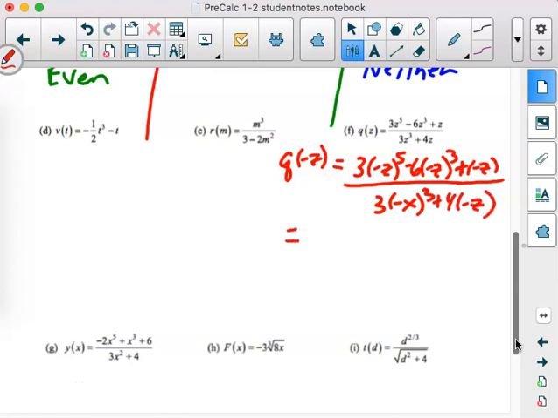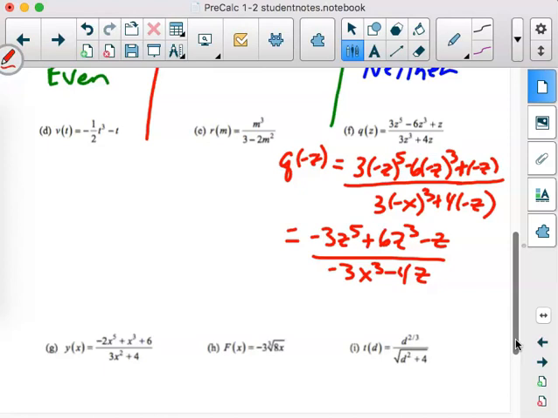I'll have to keep track of. All right, let's see. Well, if you raise it to an odd power, it's going to come back out negative. So negative 3z to the 5th, but negative 6 times negative z to the 3rd will be plus 6z to the 3rd minus z, all over negative 3z to the 3rd minus 4z.